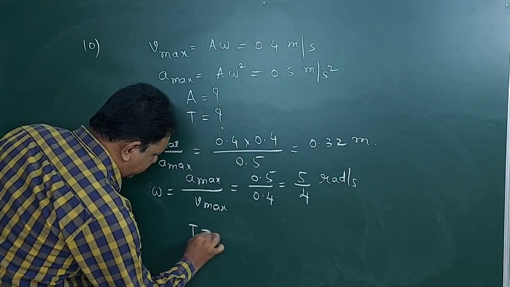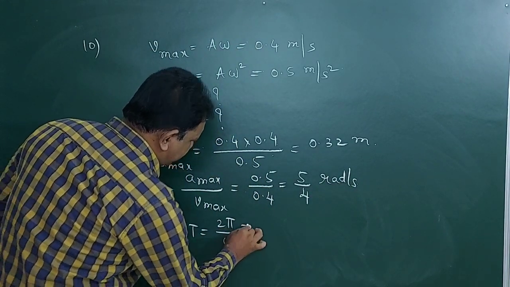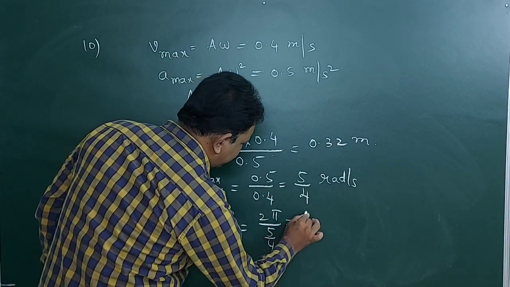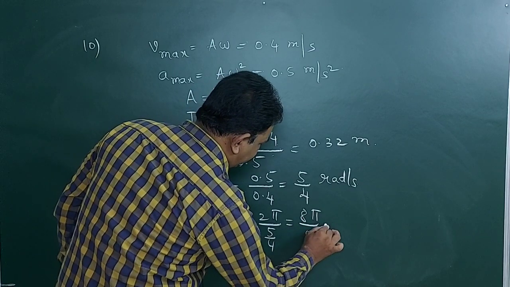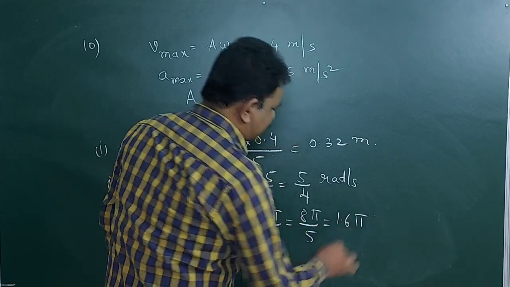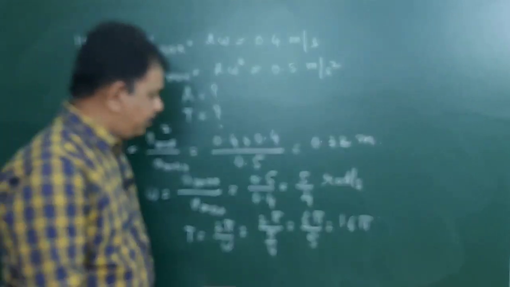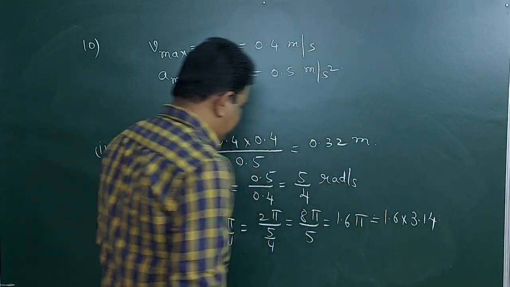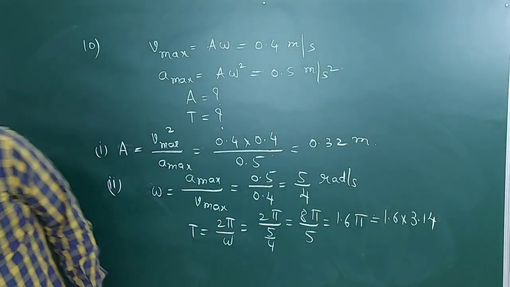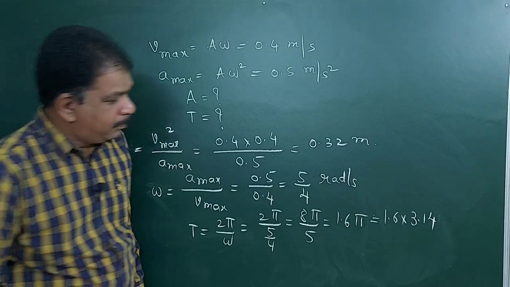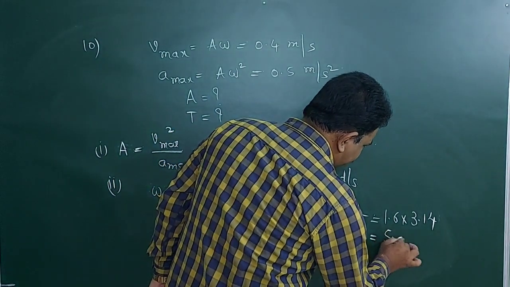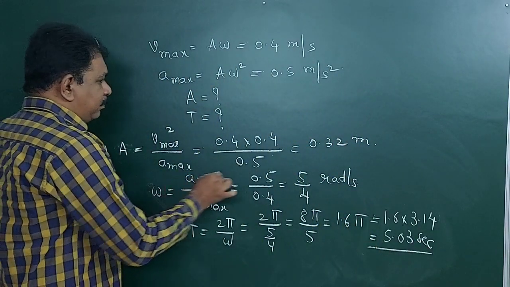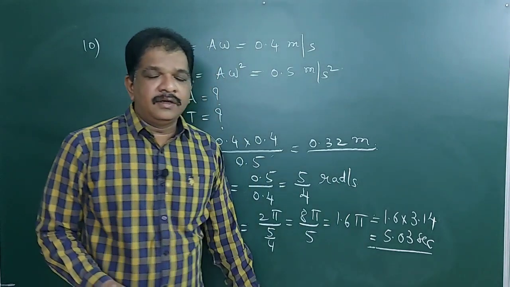Time period 2 pi by omega, 2 pi by 5 by 4. 8 pi by 5, 1.6 pi. Pi value 3.14 already we know. By substituting this, we will get this value as 5.03 seconds. That is the time period, and amplitude will be 0.32 meter.